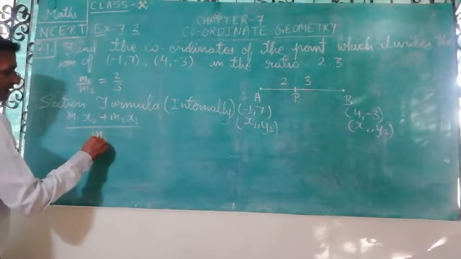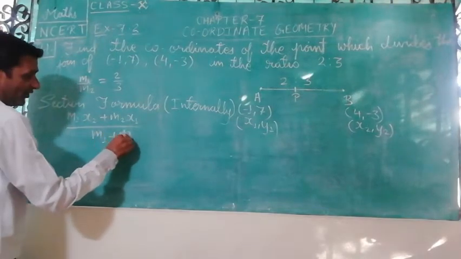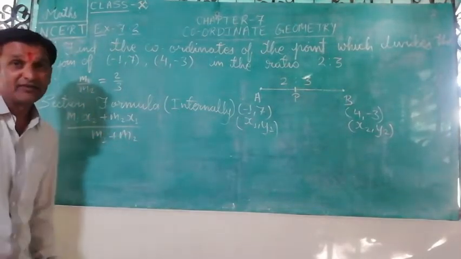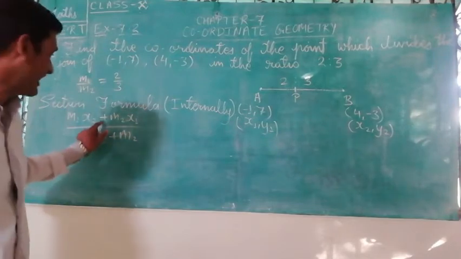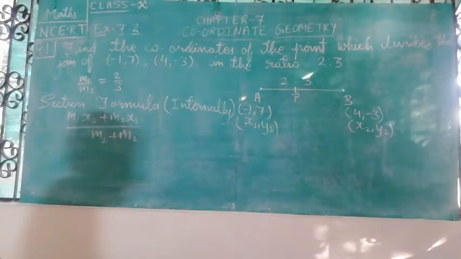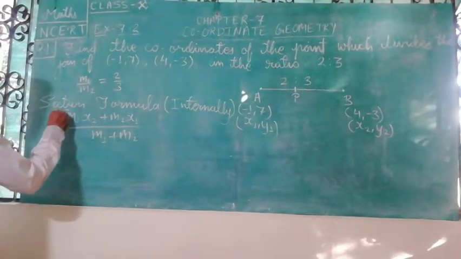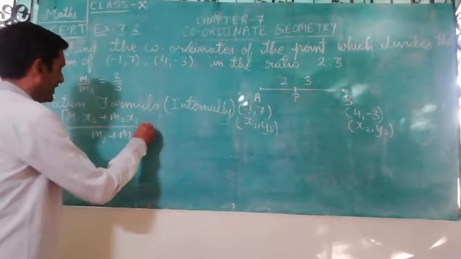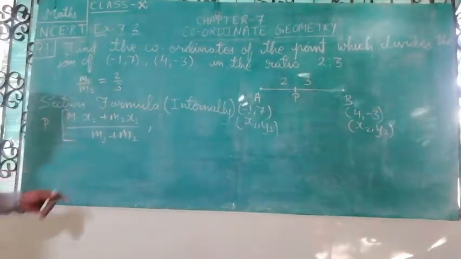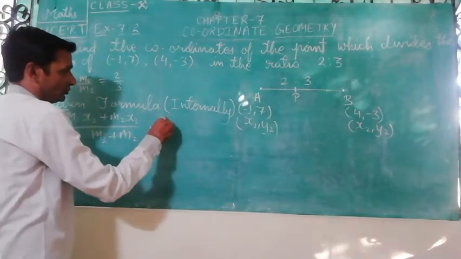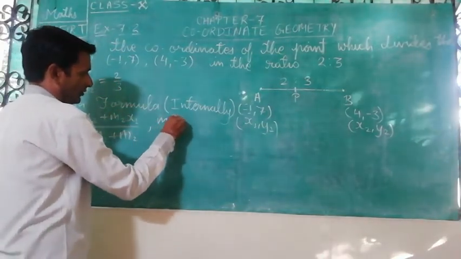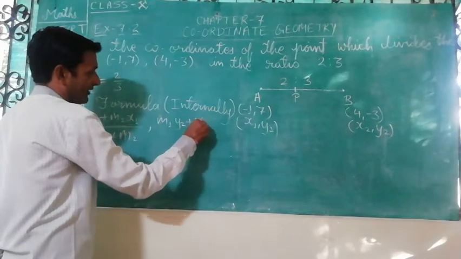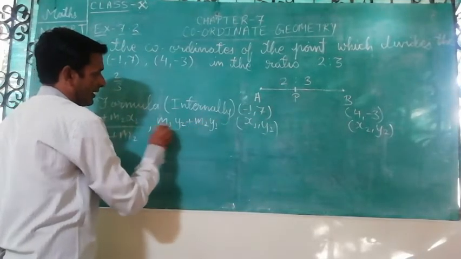This is the formula. It is for internal section. If this section is external, in that case it will become minus here only. This is the variation. So these are the coordinates of point P: m1 x2 plus m2 x1 upon m1 plus m2, and m1 y2 plus m2 y1 upon m1 plus m2.